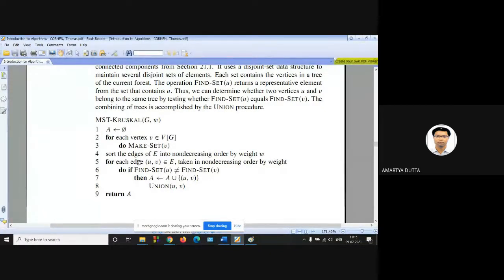From line number 5 to line number 8, you choose the edges from the sorted array and add them in such a way that there should not be any cycle.